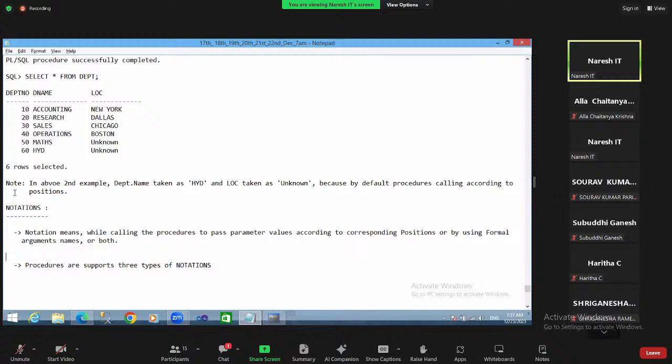What is the meaning of the statement? While calling the procedures, we can pass parameter values according to the corresponding positions or by using formal argument names, or both we can use.